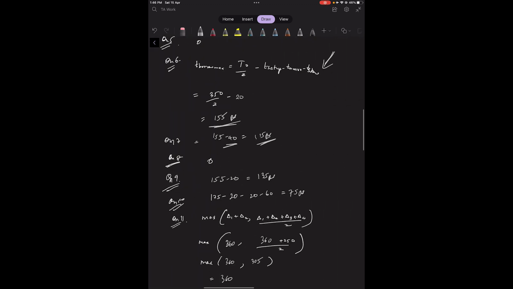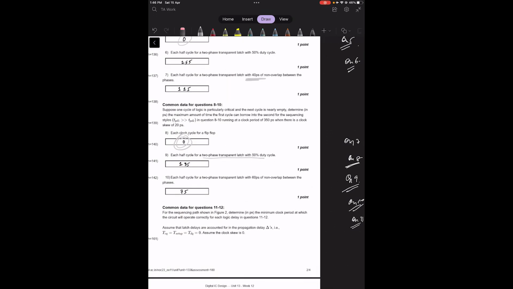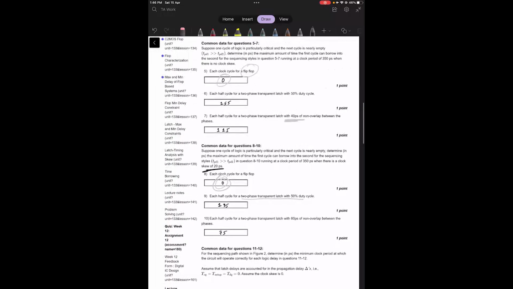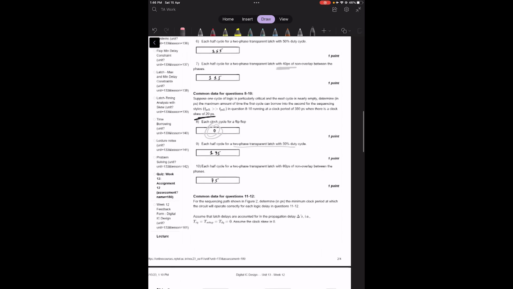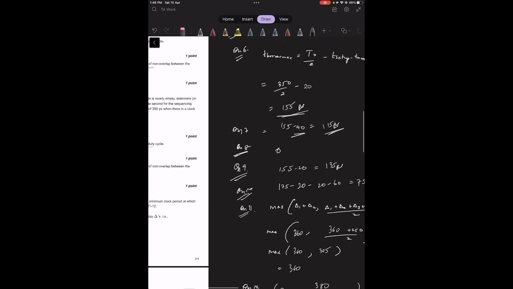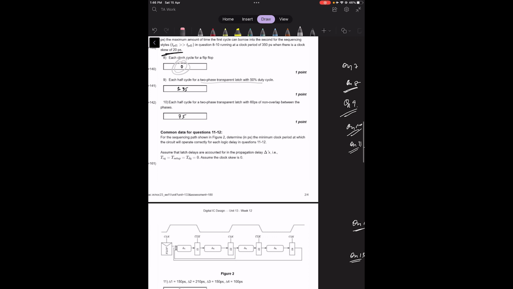Yeah, so here you've just been given clock skew as an additional term, which was not there in your previous question. There is no clock skew. So if you add clock skew in, which is subtract 20 from the previous answers, you should get 115, 135, sorry, as the answer for question number 9.